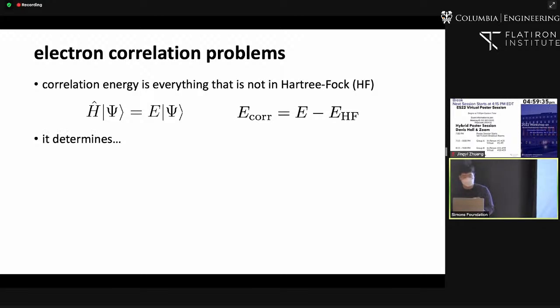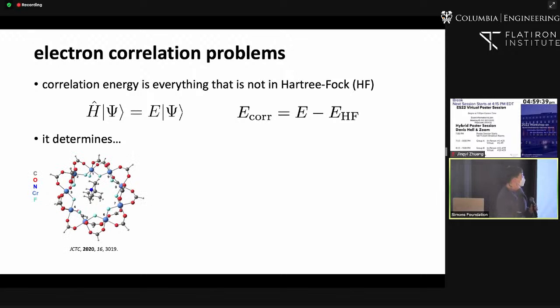And what does it actually do? Well, it determines all kinds of interesting things. One example that I like a lot, which is shamelessly from my own work, is on a single molecular magnet, and precisely determining the ground state spin state of this molecule is a purely electron correlation problem.